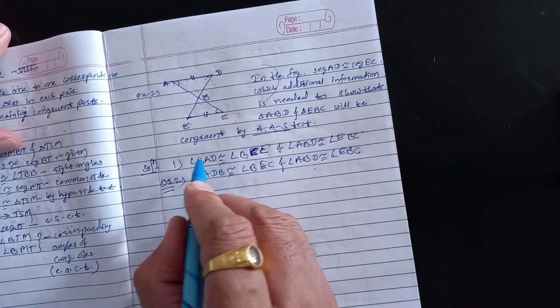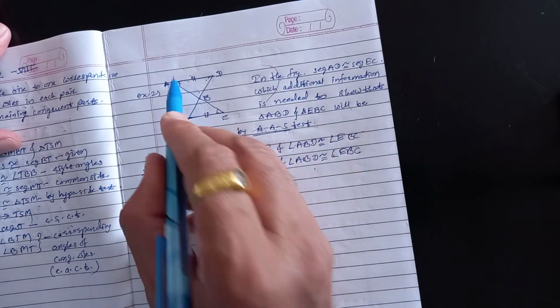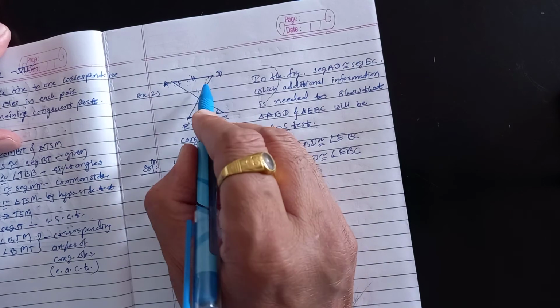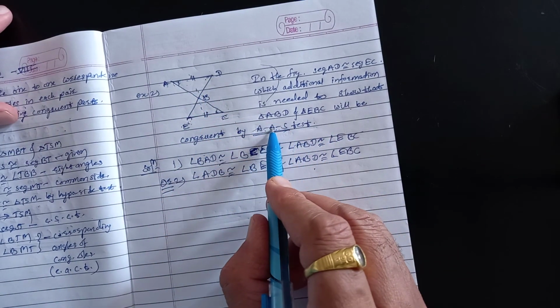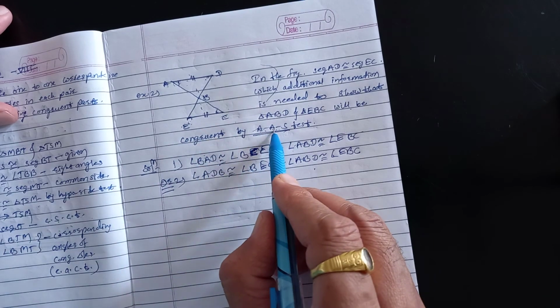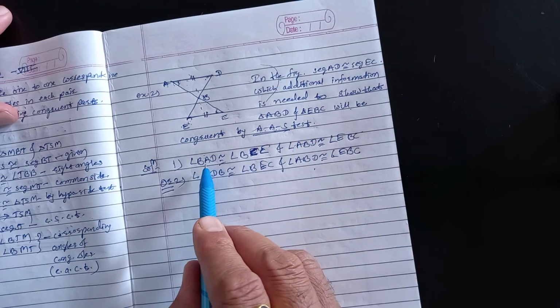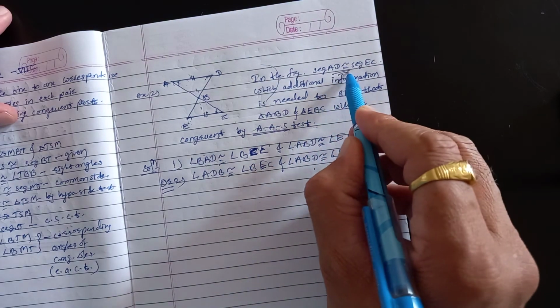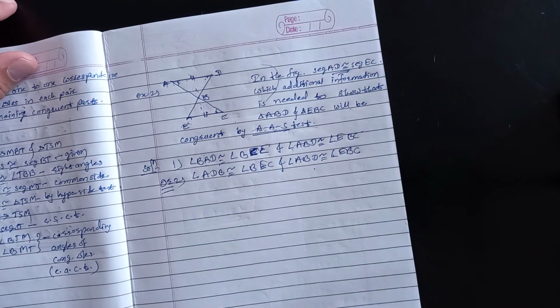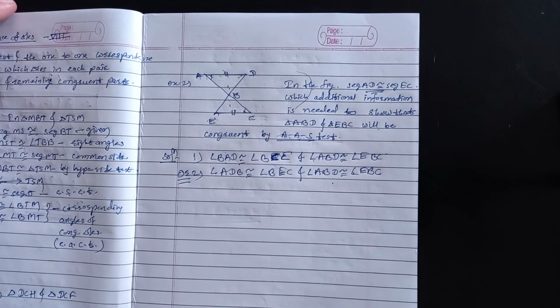This is the same, only this angle is changed. Either they can take this pair, or this pair, and one more pair this. Then we can say these two triangles are congruent by which test? AAS test: angle, angle and this side. Okay, then these two things are needed to show these two triangles are congruent.